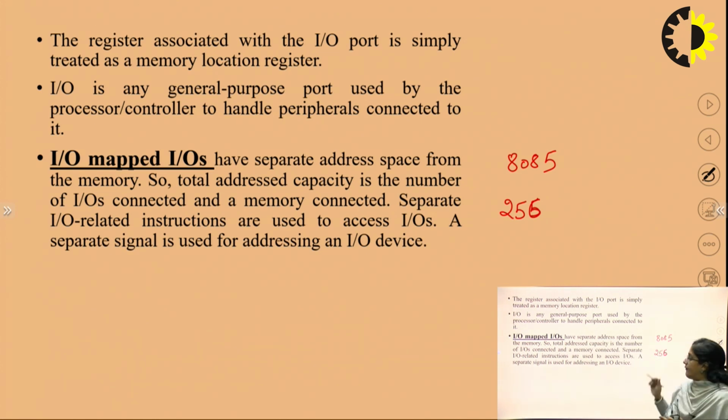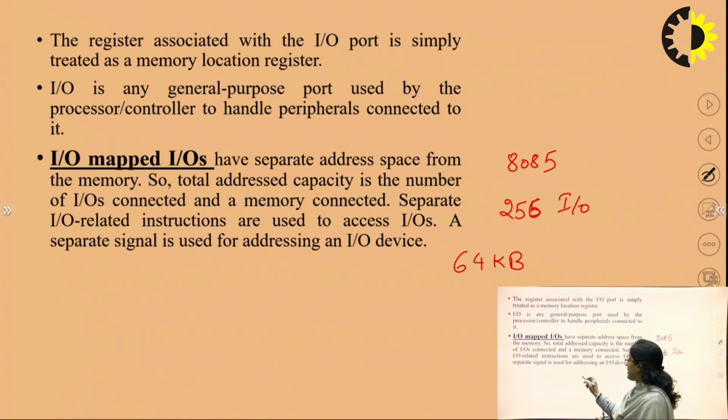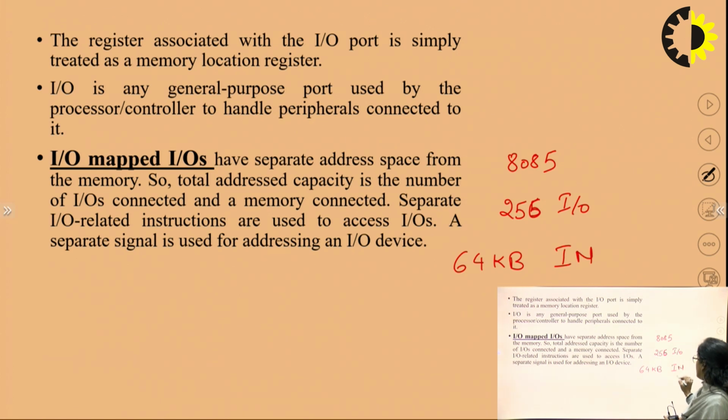So we can have 256 IO and we have a separate 64 kilobyte of memory. If we need to write long code, then we will prefer the IO mapped IO scheme and connect at maximum 256 input output devices. But the disadvantage is that we have to use different instructions, IN and OUT, while accessing these input output devices separately.